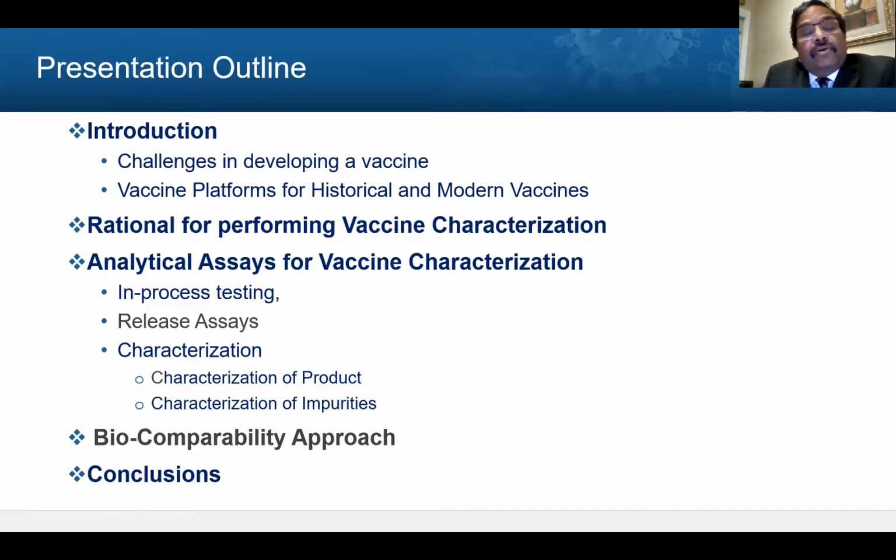Then the rationale for performing vaccine characterization, what type of assays can be used, and how these assays can be applied for the bioanalytical compatibility, which is critical when we are doing the vaccine production at multiple sites, when we are licensing new facilities, or when we are developing new processes. We obviously don't want to do the clinical trial, or we should try to avoid doing the clinical trial in order to manage the cost and the timeline.